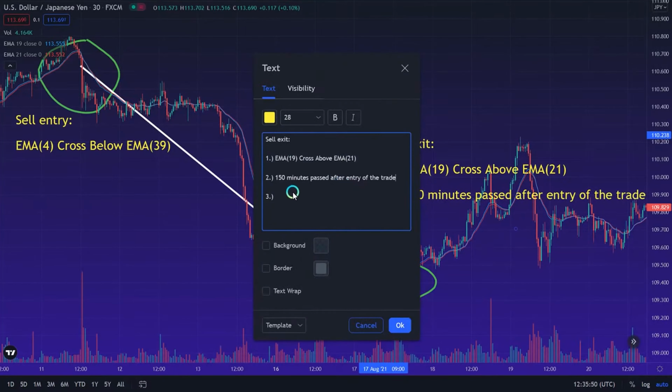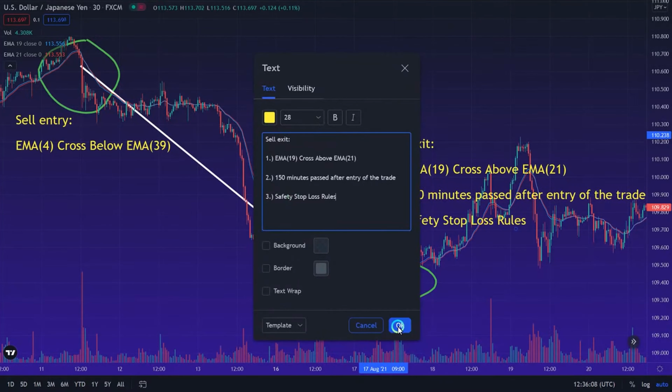Okay, and after that we have our third condition. It is the same as with the buy exit, and all these three rules are just really important because these three rules are basically the core of the strategy.